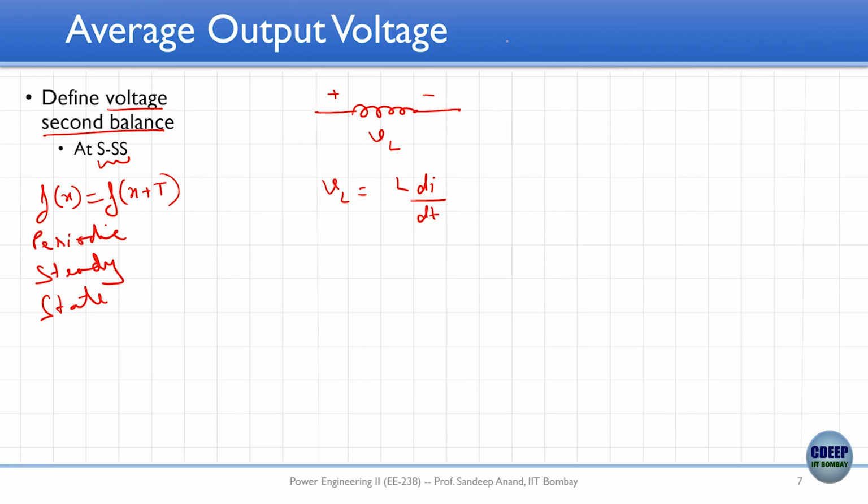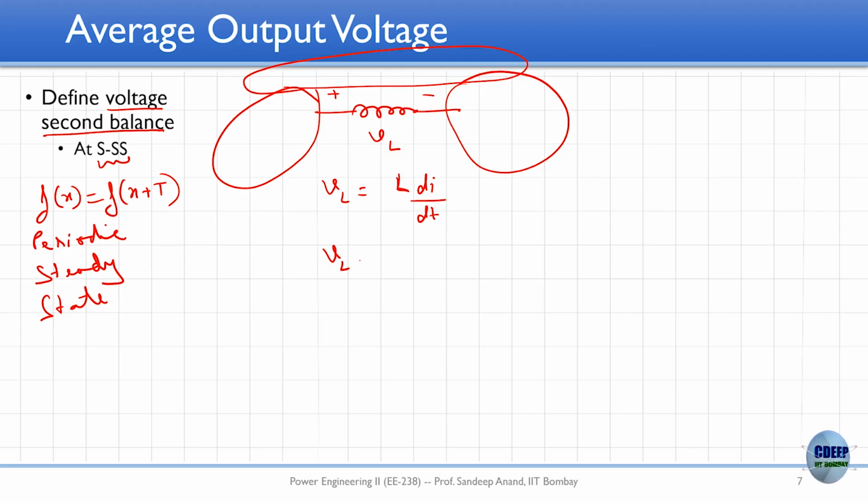So if you have this whole circuit and all of it is at periodic steady state, and you have an inductor, then you can use its equation.